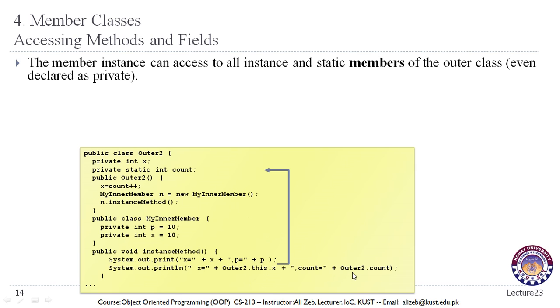We can access both the private member and the static member of the outer class. As we can see over here, we can print the values of the inner class itself and of the outer class as well.